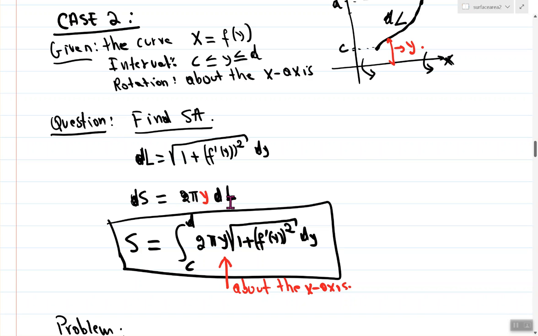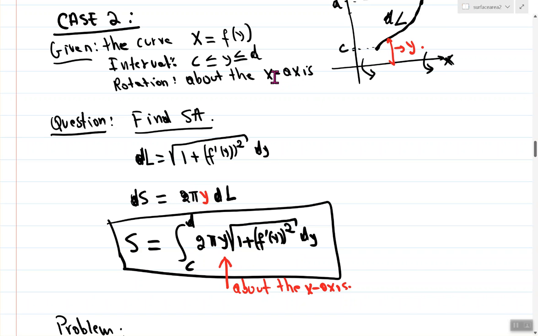So after we replace dl by the square root of 1 plus f prime of y squared dy, then we can integrate. Notice that everything here is in terms of y already, so we integrate with respect to y, from c to d. The y boundaries are already given to us. Y is between c and d.